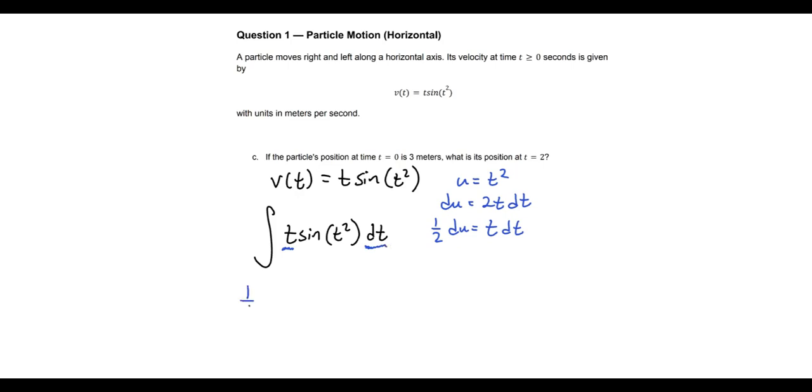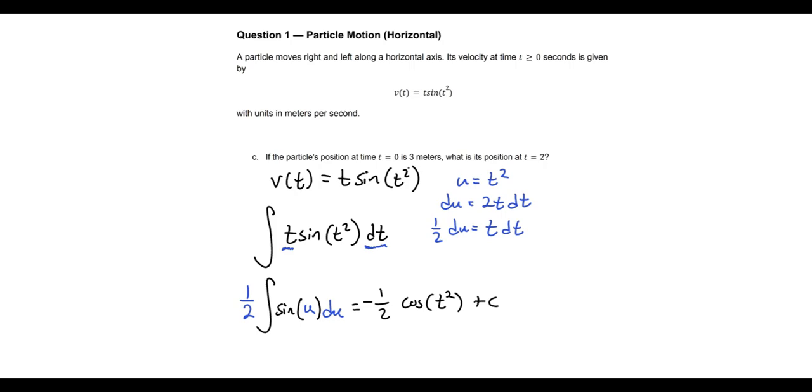So that part is going to be replaced with 1/2 du, and the t squared is going to be replaced with a u. Now we can just integrate like we normally would. The integral of sine is going to give us a negative cosine. Don't forget the 1/2 is still there. And u, remember, is t squared, so I can plug t squared back in right here.